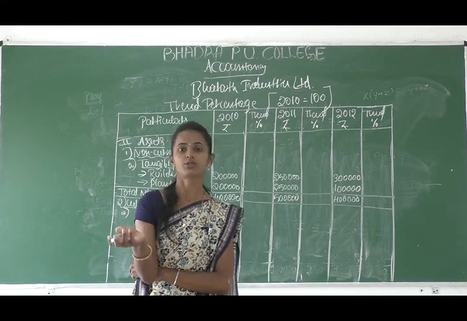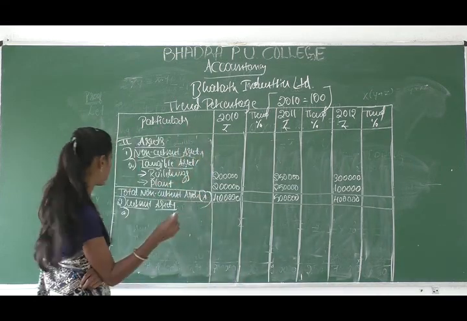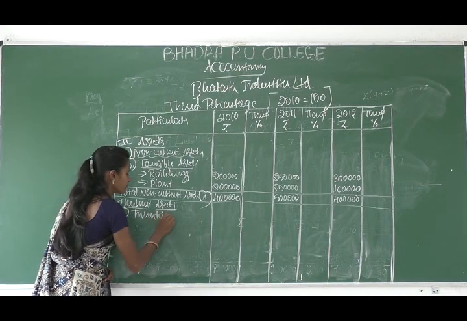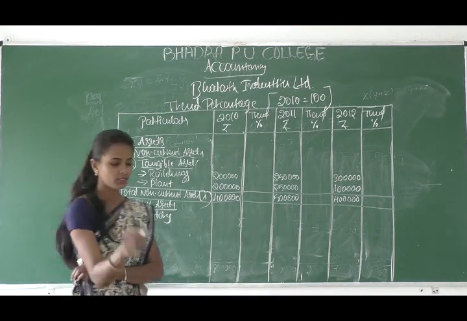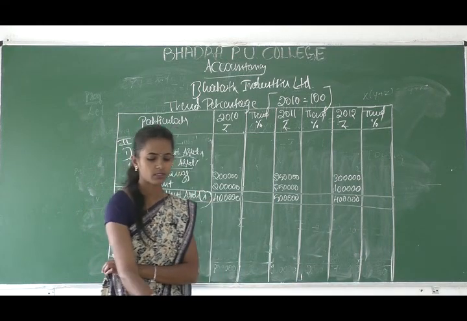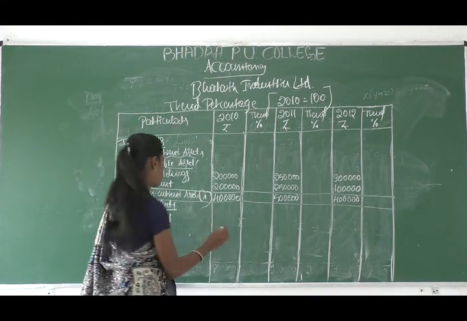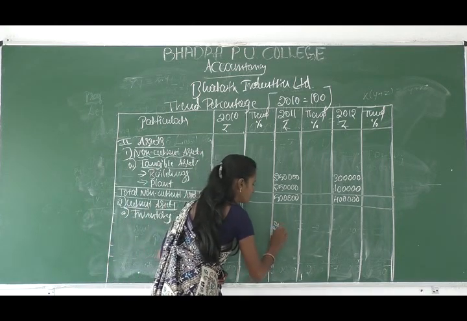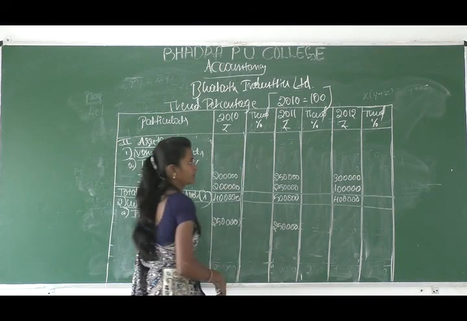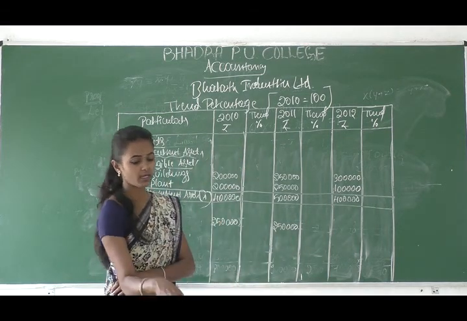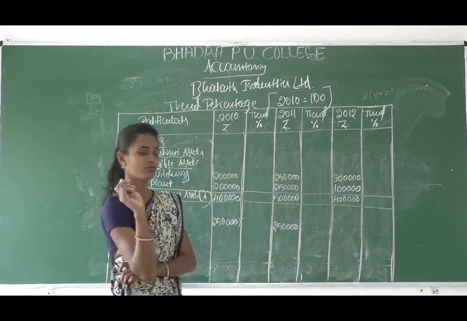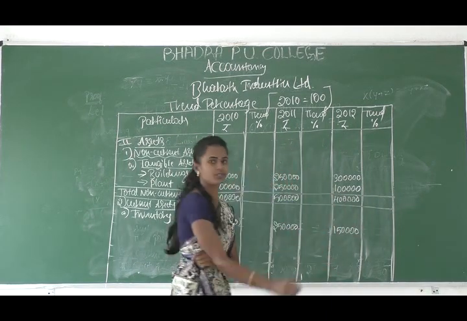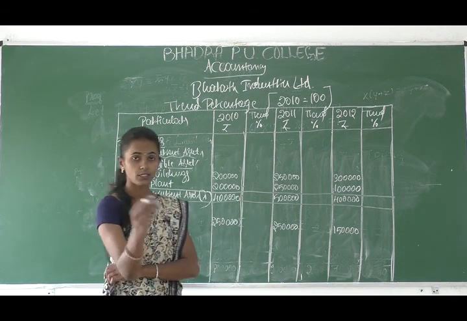So in the case of this question we have inventory, so I am taking here inventory, okay. So inventory in 2010-11 it's 2,50,000, and here also 2,50,000. And in case of 2012 our inventory amount is 1,50,000, okay.